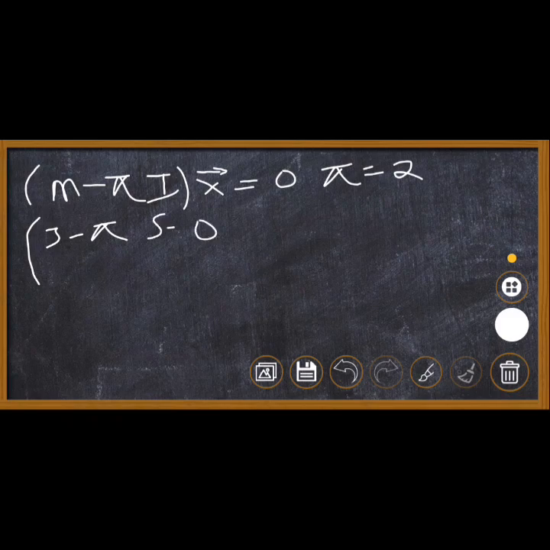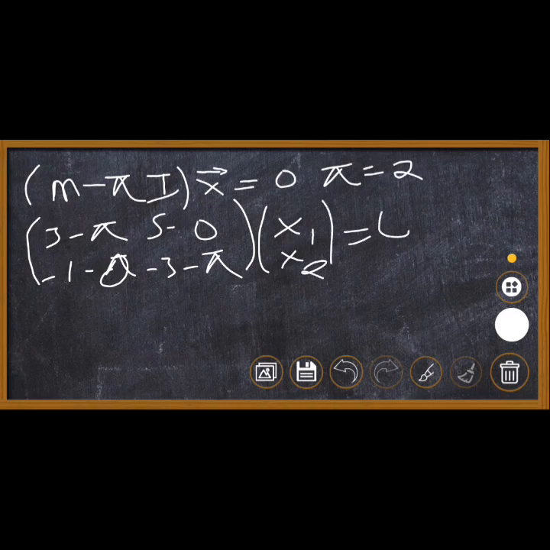We also had -1 subtract pi, and here we had 0 subtract 0. We also had -3 subtract pi, and then here we have x1 and x2 for the eigenvectors, and then 0 here.